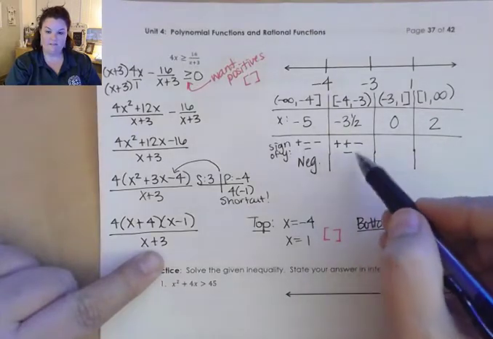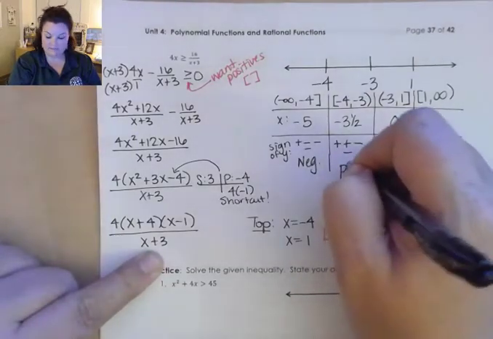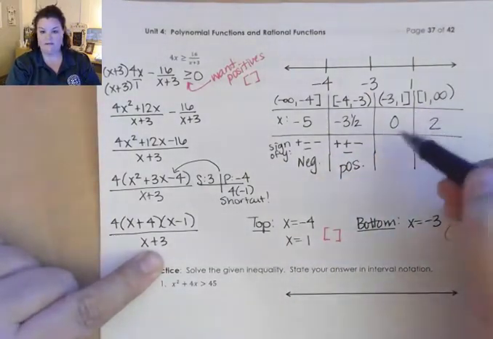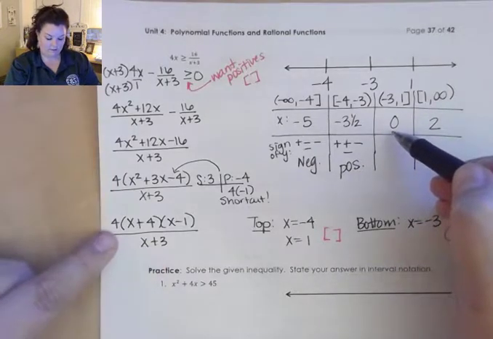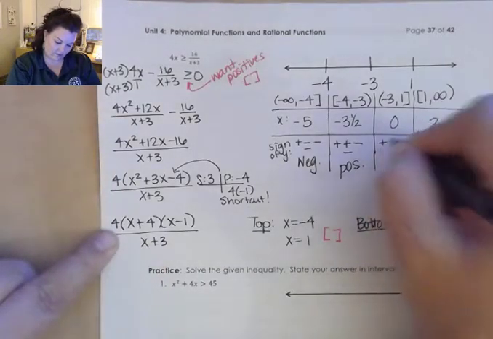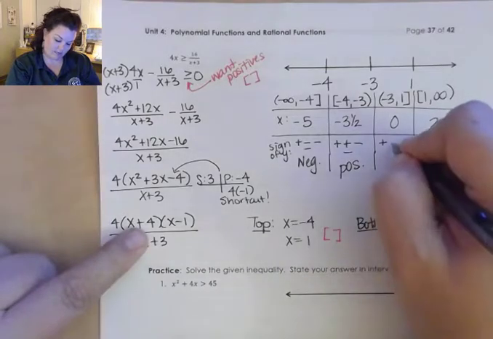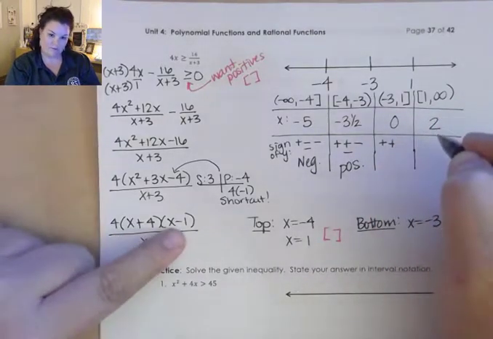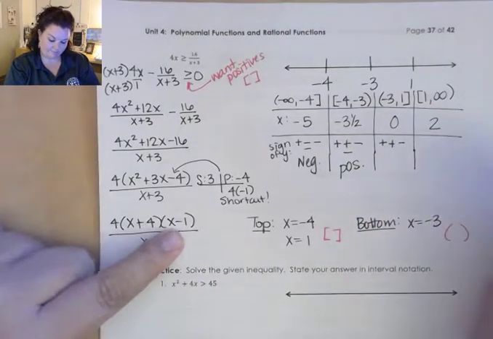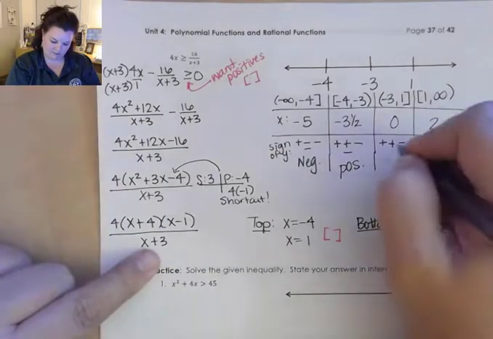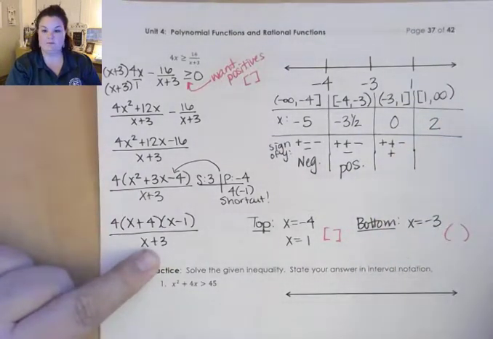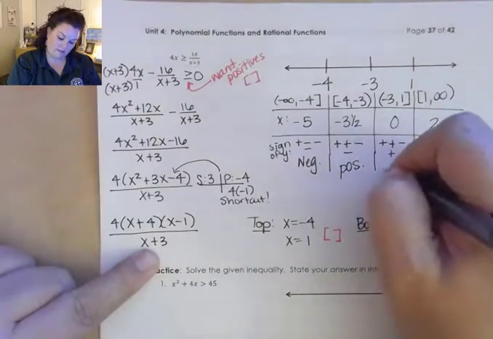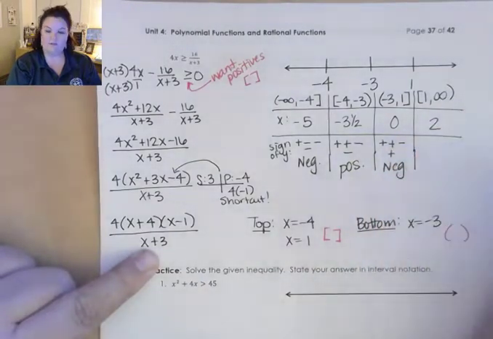So 2 positives and 2 negatives make this a positive interval. Then I'm going to check 0. Notice again, I still have this positive 4 out front. When I plug a 0 in, I get a positive. When I plug a 0 in here, I get a negative. And a 0 in the denominator leaves me with a positive. So 3 positives and a negative make this a negative interval.